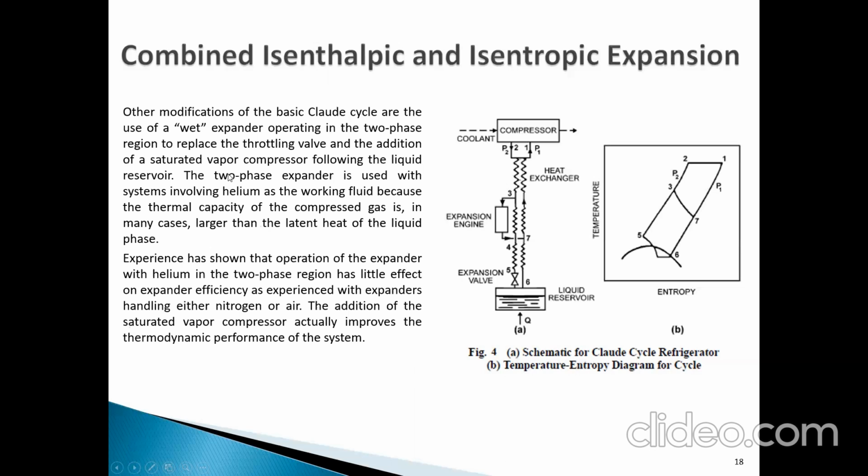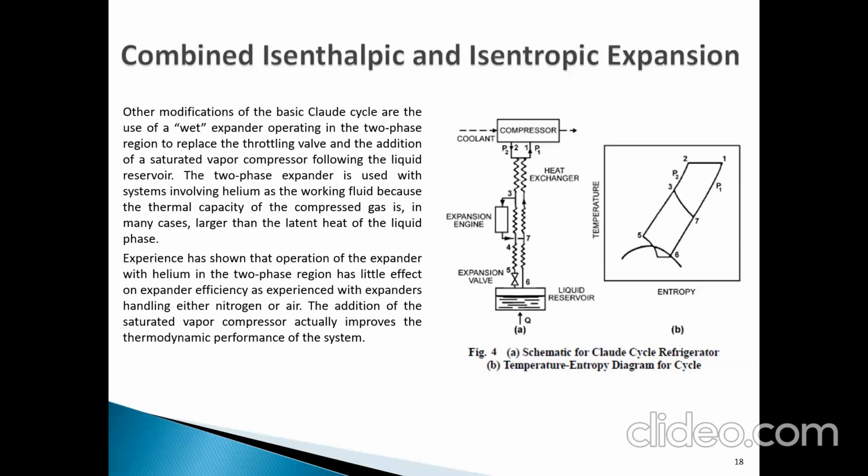Other modifications of the basic Claude cycle are the use of a wet expander operating in the two-phase region to replace the throttling valve and the addition of a saturated vapor compressor following the liquid refrigerant. The two-phase expander is used with systems involving helium as the working fluid because the thermal capacity of the compressed gas is, in many cases, larger than the latent heat of the liquid phase.